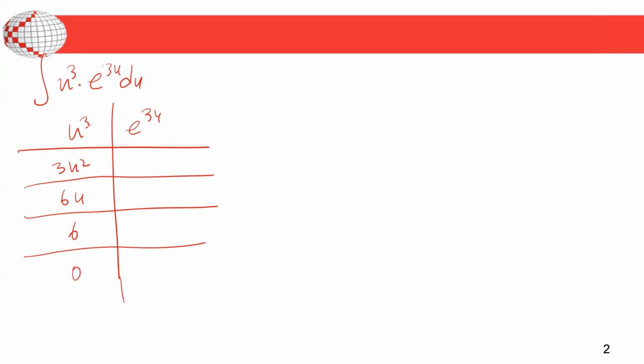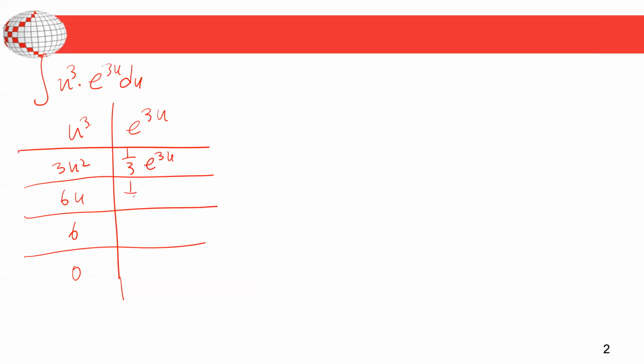And then for the second column, we need to integrate e to 3u with respect to u, successively. We know the formula. We get 1/3 e to 3u.